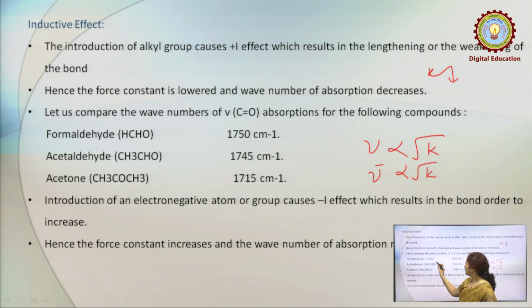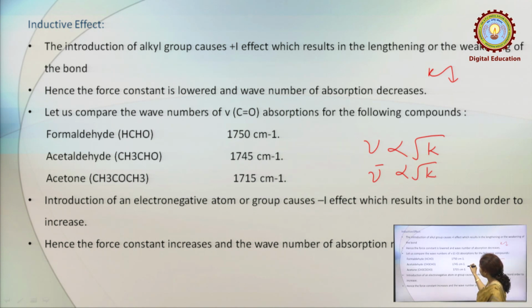Let us compare the wave number of absorption for the following compounds. Formaldehyde, the absorption frequency is 1750 centimeter inverse. In the case of acetaldehyde, 1745 centimeter inverse. In the case of acetone, 1715 centimeter inverse.